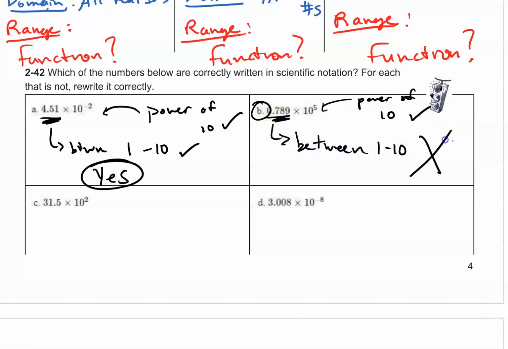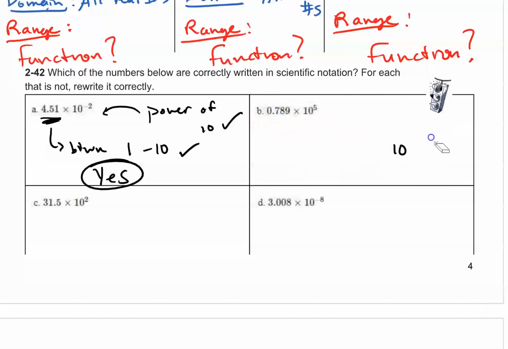So what that means for B is that we need to rewrite this. So I'll erase this stuff and let's get to work. All right, when you have 10 to the power 5, that means move the decimal place to the right 5 times. So it's 7, 8, 9, plus 2 empty spaces which get filled in by zeros. That's 1, 2, 3, 4, 5. Good. Then we need to make this number in between 1 to 10.